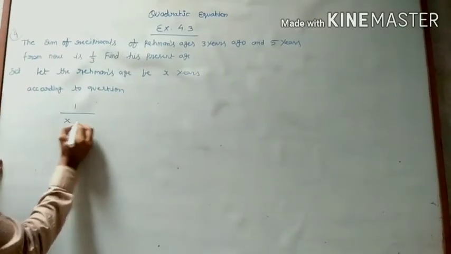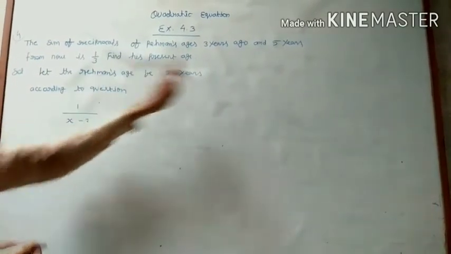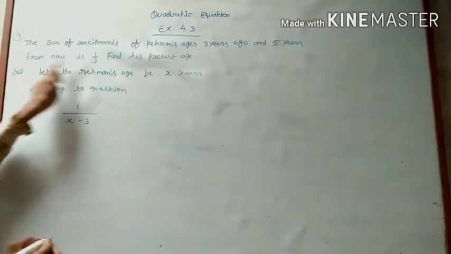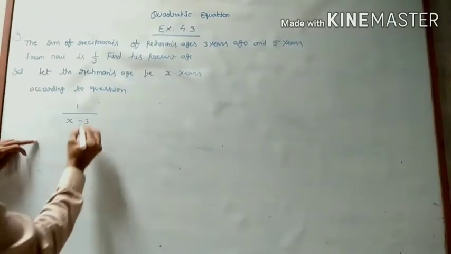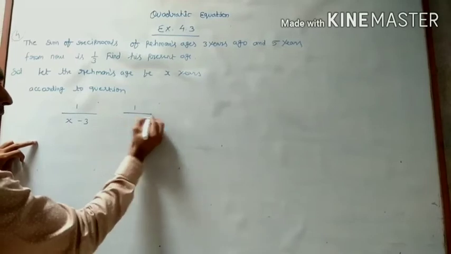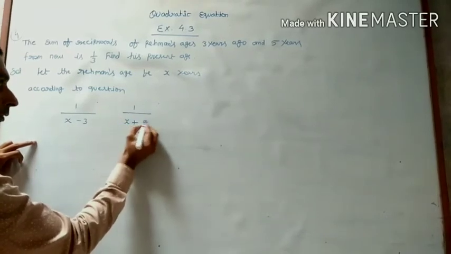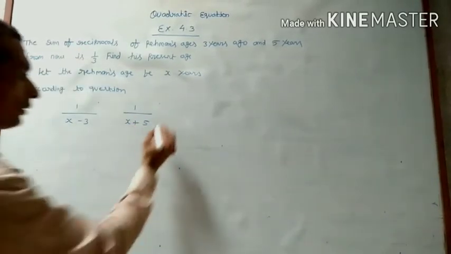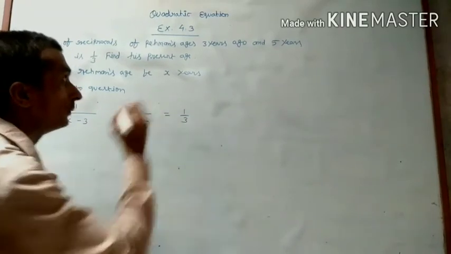So you can write x minus 3. And then 5 years from now, 1 upon x plus 5. How much? 1 upon 3. So that is 1 upon 3.